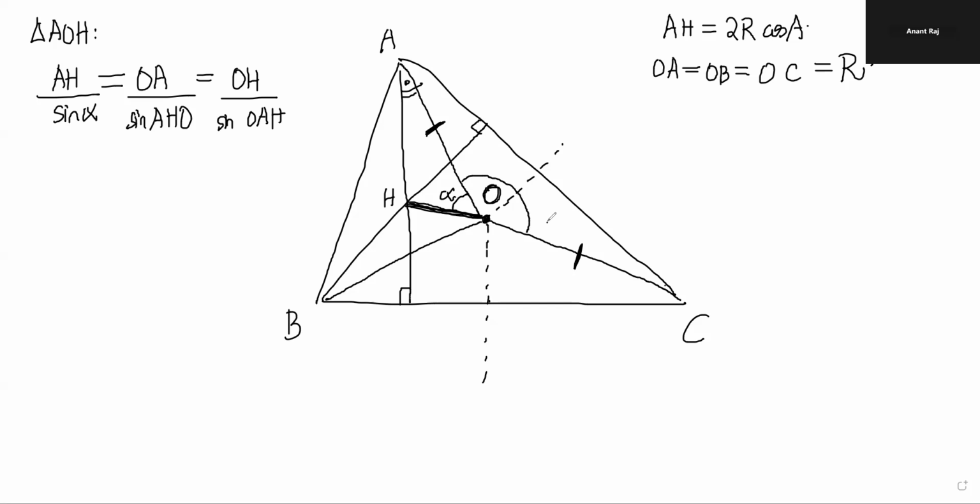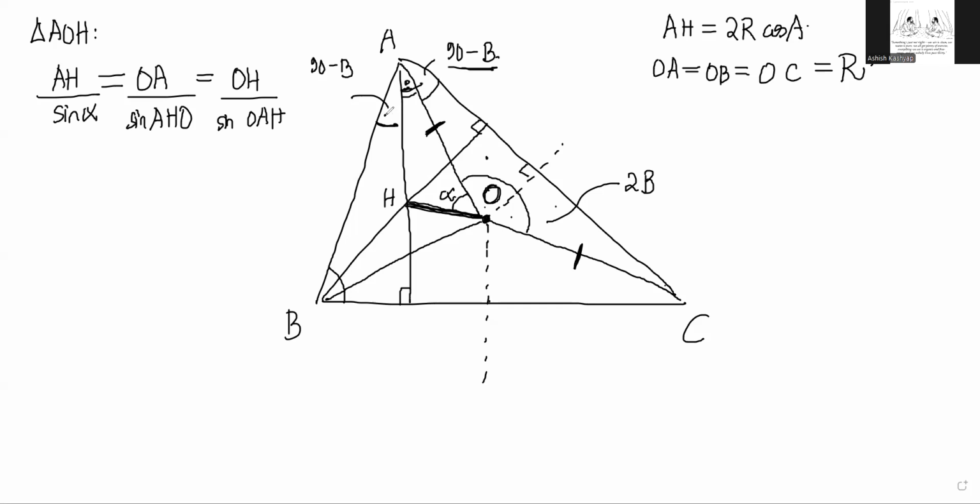So if this angle is 2B and the triangle is isosceles, this is B, this is B, and this is 90, so this is 90 minus B. And this angle is also 90 minus B. Do you understand why? Because this is a right angle triangle here and this angle is B. So this is 90 minus B.